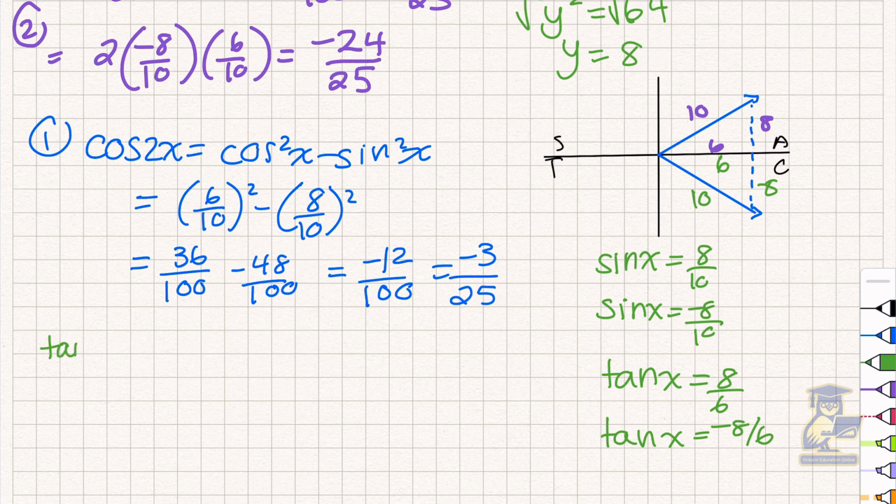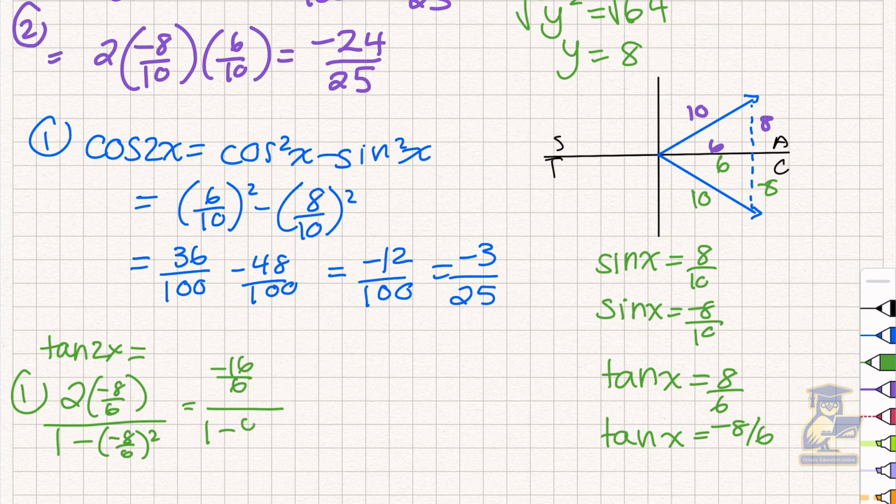So for tan 2x, first answer, we get 2 times negative 8 over 6 over 1 minus negative 8 over 6 squared. That gives us negative 16 over 6 over 1 minus 64 over 36. So we end up with negative 96 over negative 28. When we reduce that, we get 24 over 7.